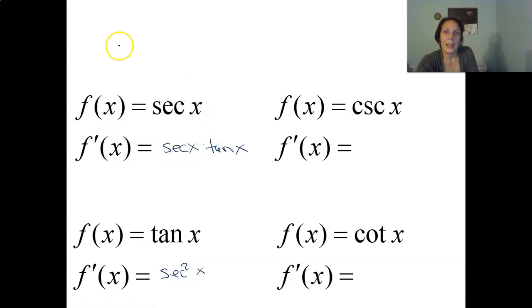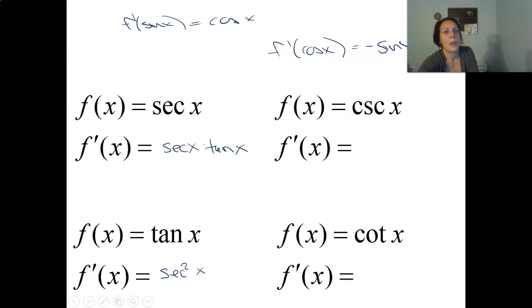All right, so remembering what we knew from before, that f prime of sine x is cosine x, but that f prime of cosine x is negative sine x. I want to point something out to you about derivatives. All of your co-functions are exactly the same as their counterparts with one exception.